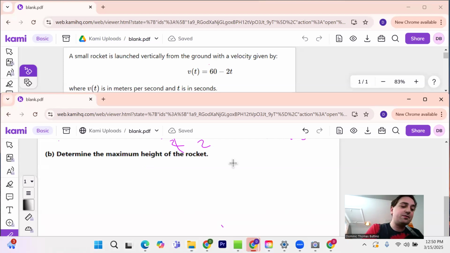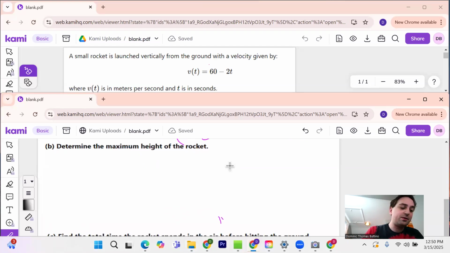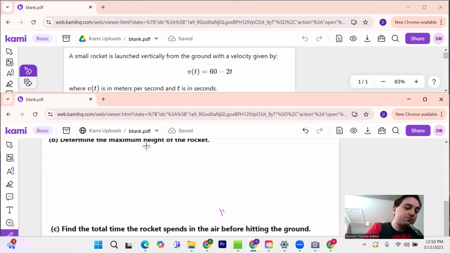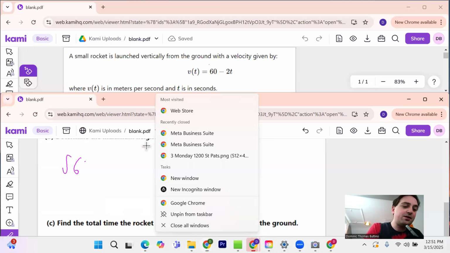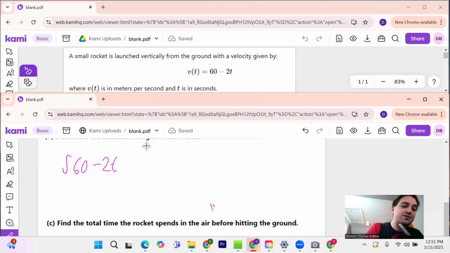So let's take the indefinite integral of 60 minus 2t dt. And you want to remember your reverse power rules. So the integral of a constant 60 is going to be 60t.